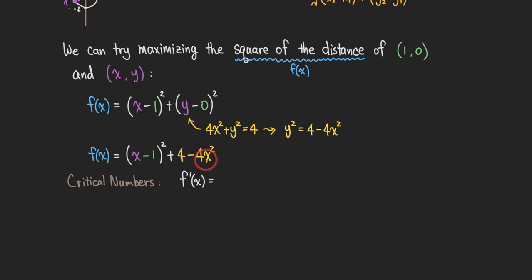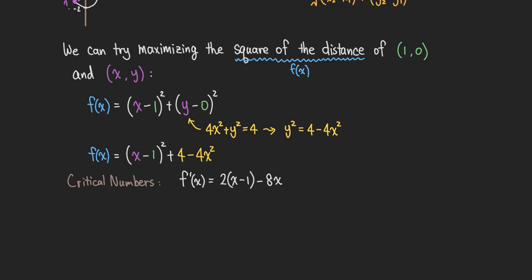We can simply just take the derivative directly. So we are going to get 2 times x minus 1 using the general power rule. And then plus, now the 4 will disappear, and then this negative 4x squared will become, so it shouldn't be plus anymore. It should be minus 8x.